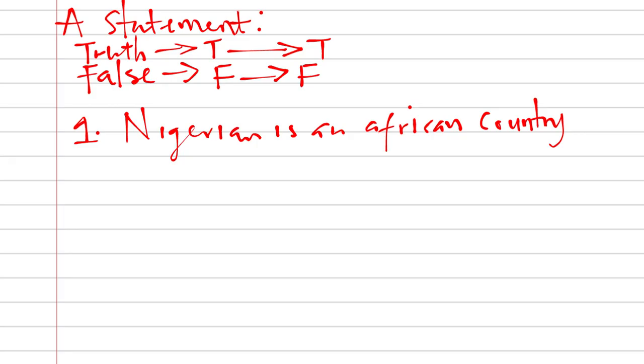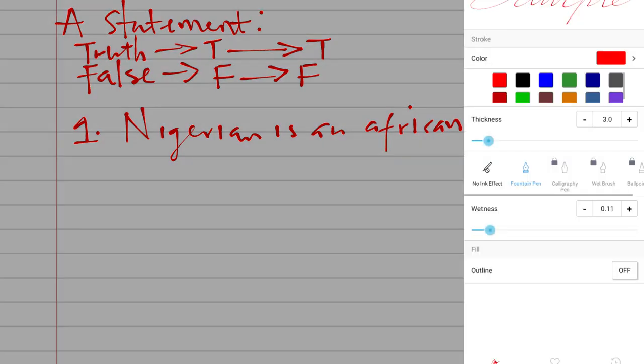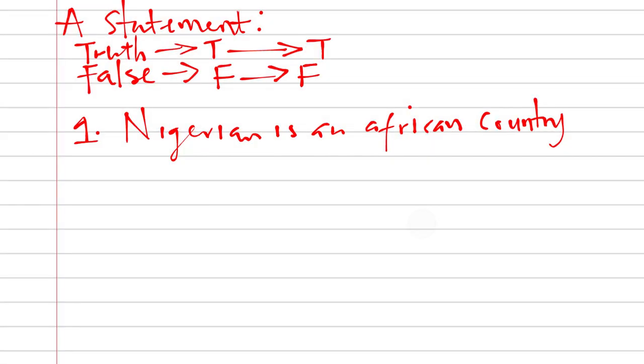And we said that a statement in a logical context is a declaration, verbal or written, that is either true or false. If you look at this particular statement now, this is a true statement. Why? Because Nigeria is an African country. Are you seeing that now?